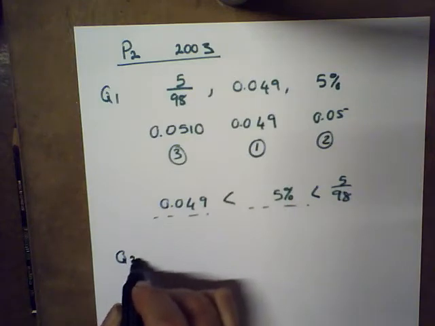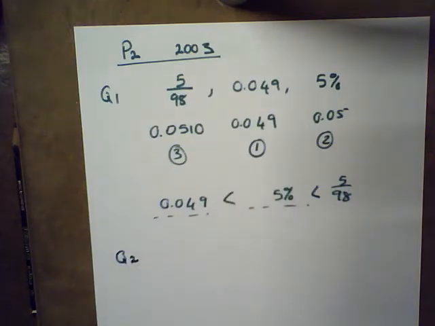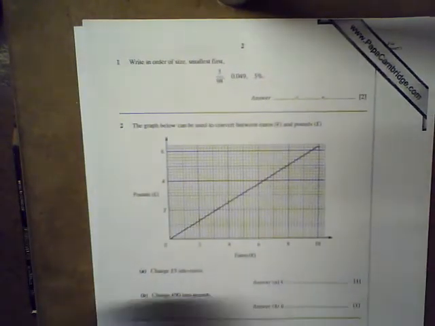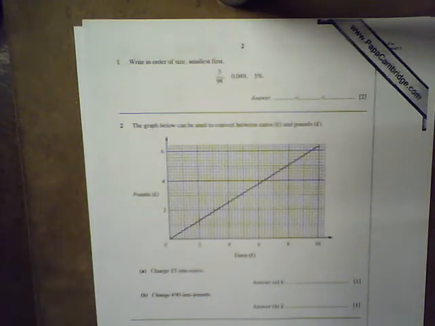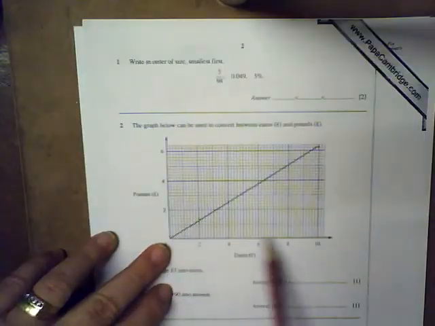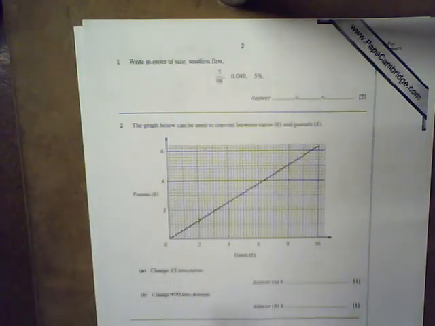Question 2 says the graph below can be used to convert between euros and pounds. So I'm going to show you the graph. It's not very clear on the paper like that. But here we have pounds and there we have euros. My first question is to change 5 pounds into euros.